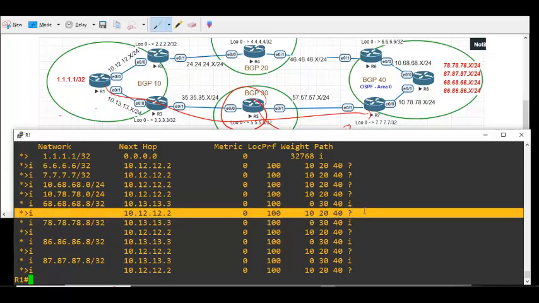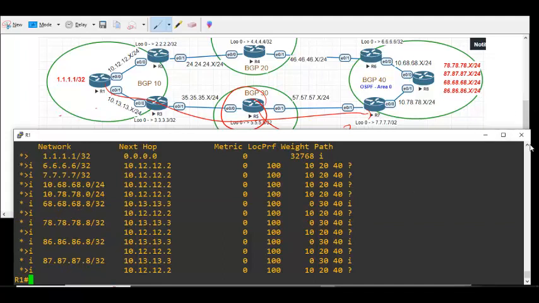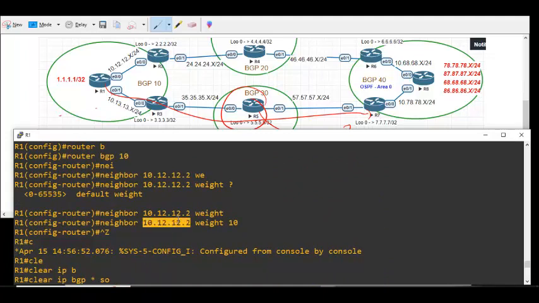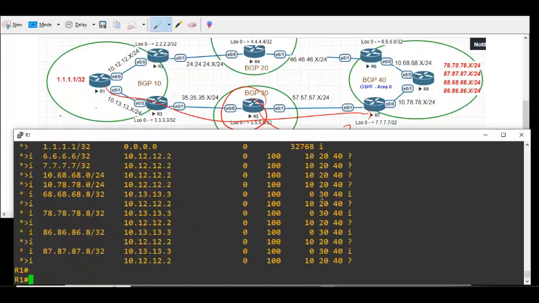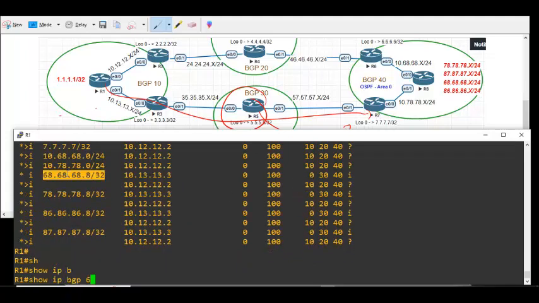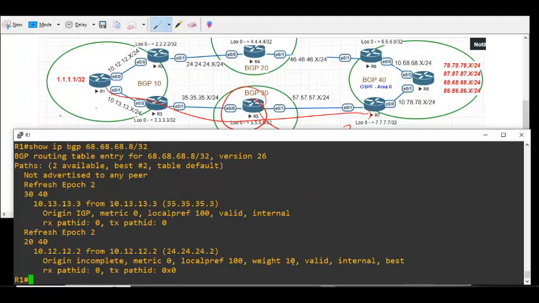Yeah. After I say that, you can see weight here. Show ip bgp. See, the weight that I configured is shown here. And this is the best path. You see, you don't see the word best here. You see only here. Let's check the routing table now. Show ip route for that network. You see, it is going via router 2. Now trace the route.